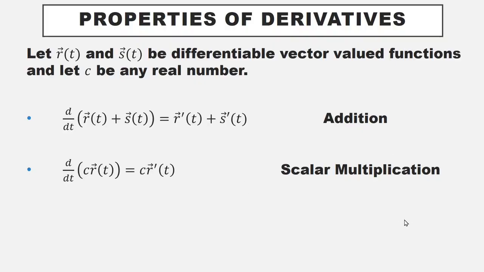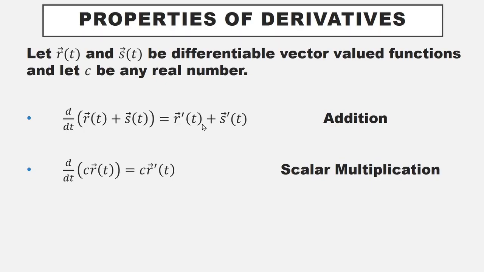Now let's take a look at some properties of derivatives. Let's let R and S be differentiable vector valued functions, so ones that have derivatives, and let C be any real number. Well, the derivative of the sum of two functions is going to be the derivative of the first function plus the derivative of the second function.